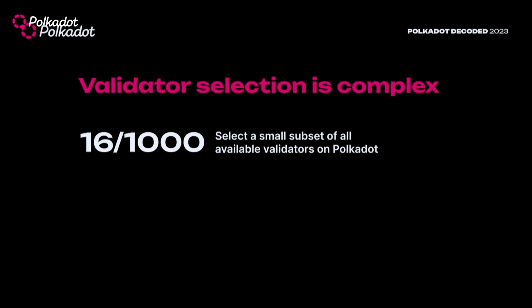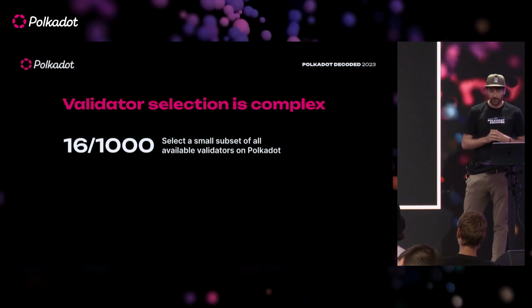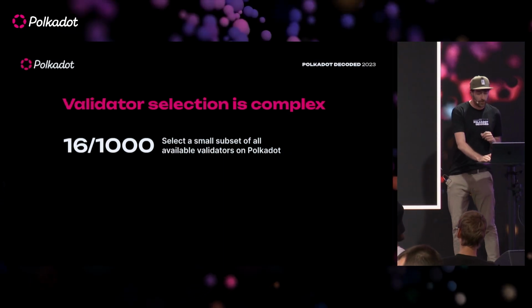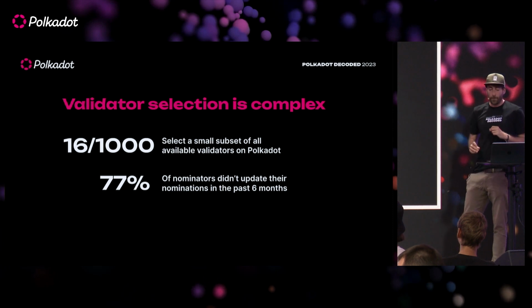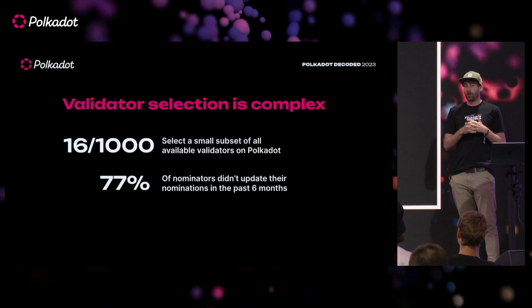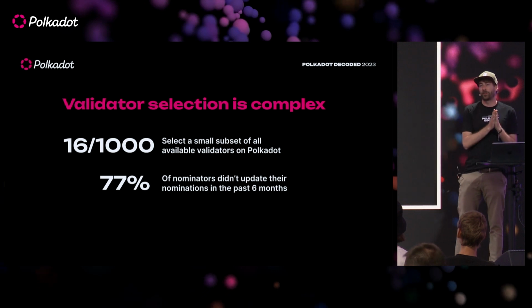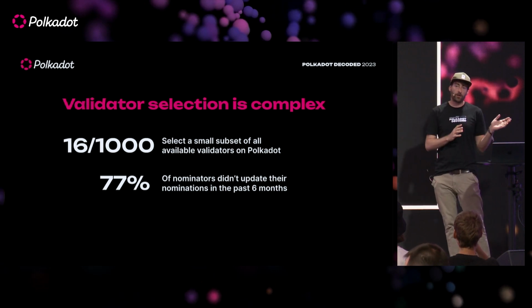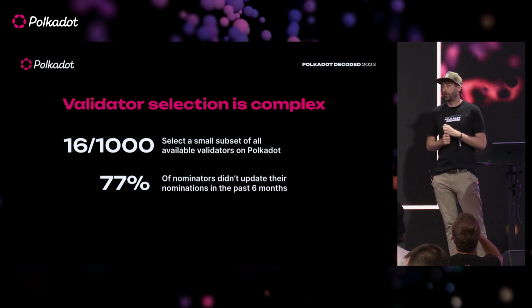When we look at the data, we can see that this works quite nicely. The nominators, on average, have a high number of nominations, I think on average like 10 or 11. But if we look at some other data, it doesn't work so well. 77% of the nominators that have been active for the last 6 months, maybe longer, did not update their nominations.